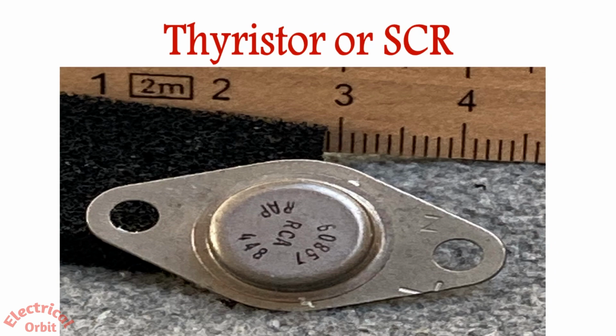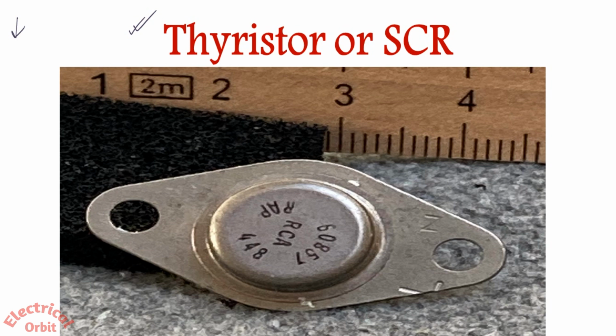Now, what is a Thyristor? How does it work? What is its functionality? I have discussed all of this in the previous lectures. Watch those lectures. I will give the links in the description box below. You can watch them and clear the concept of the Thyristor and its working principles. So we have turned to these thyristors or silicon controlled rectifiers to perform our rectification process.